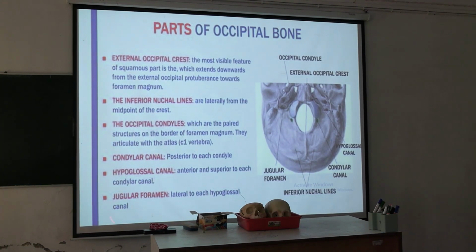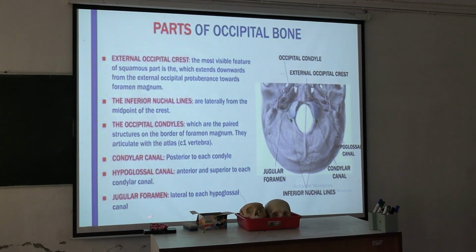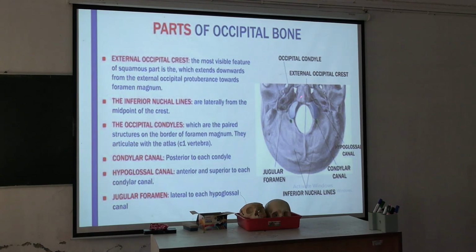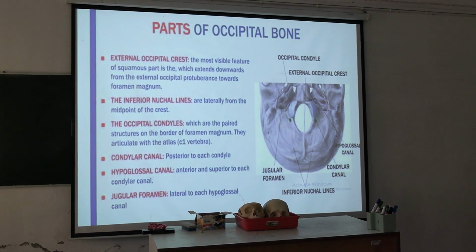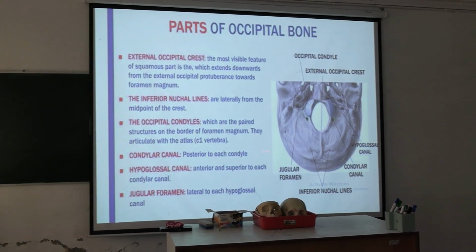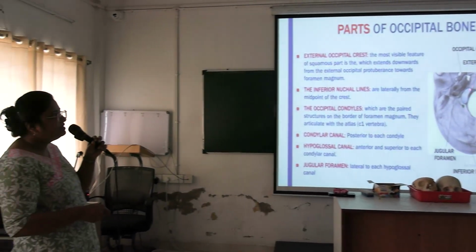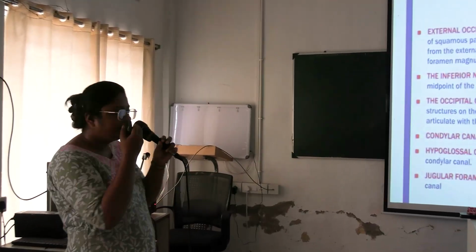Next is the jugular foramen, lateral to each hypoglossal canal. The 9th, 10th, and 11th cranial nerves pass through this jugular foramen, and the 12th cranial nerve passes through the hypoglossal canal.